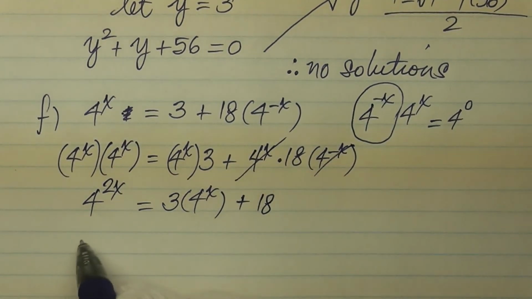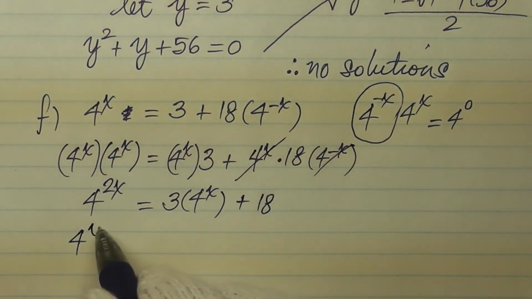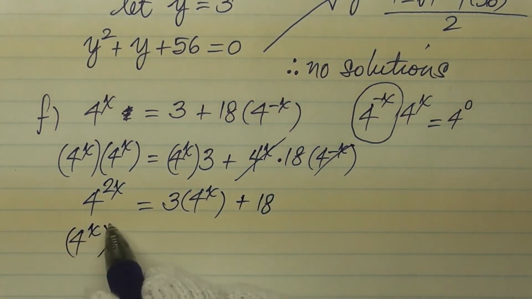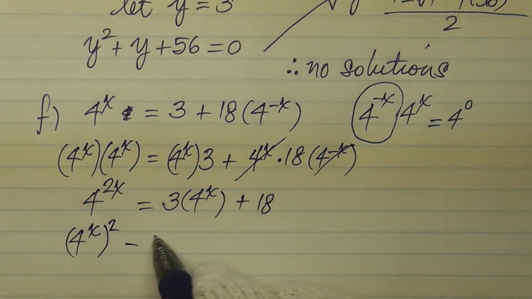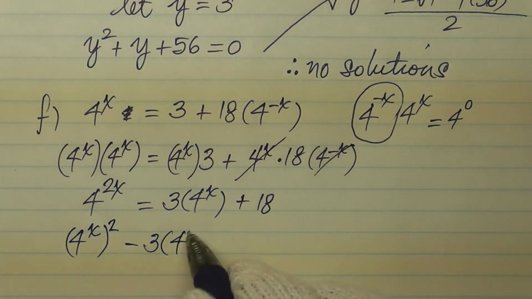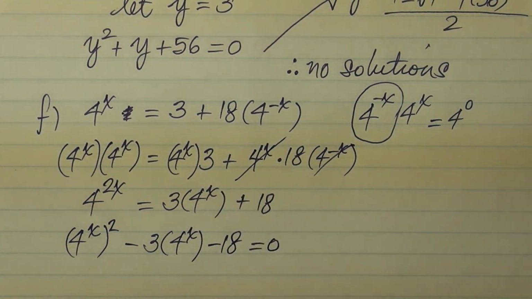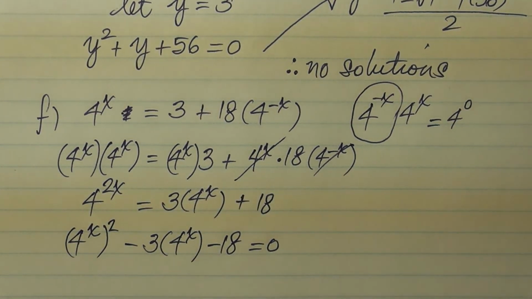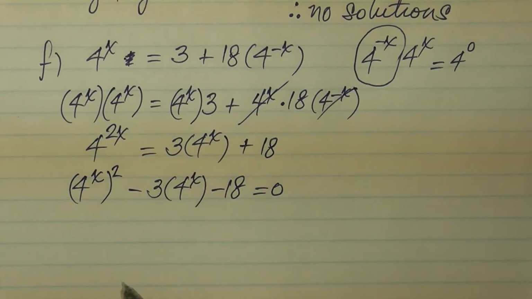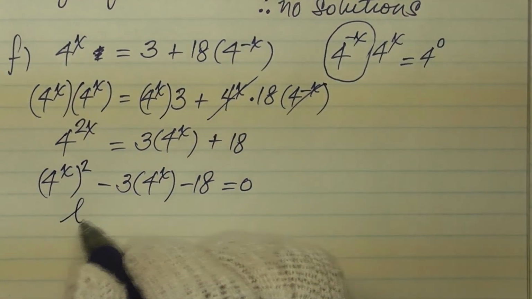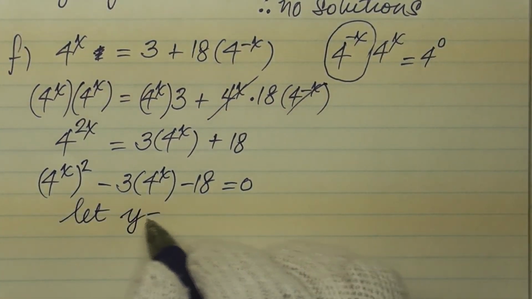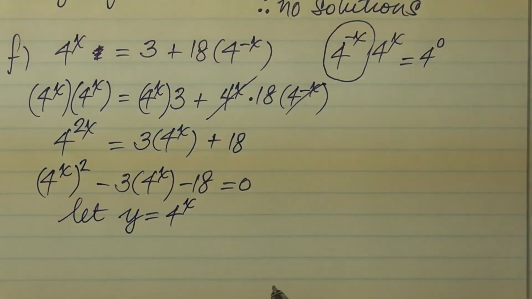I'm going to move everything to the other side, and I'm also going to rearrange. So I'm going to write 4 to the x squared minus 3 times 4 to the x minus 18 equals 0. Negative 6 times positive 3 will give me negative 18. So I'm going to do a little substitution. Let y equal 4 to the x.